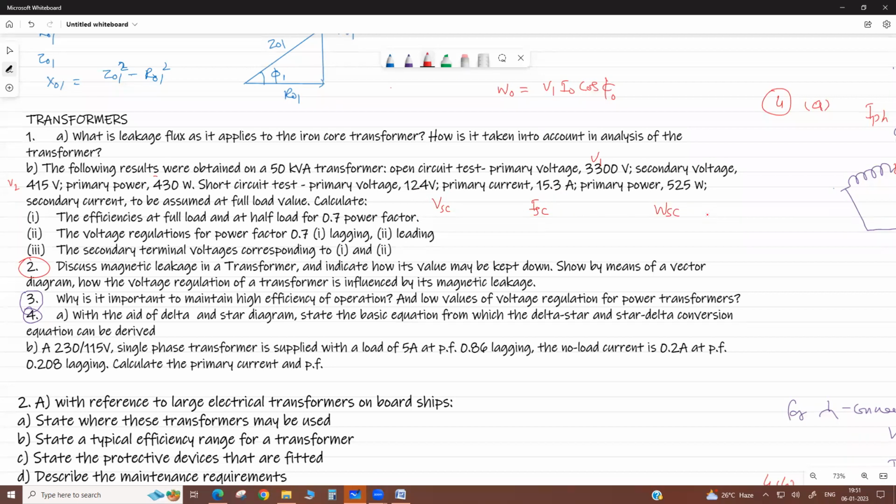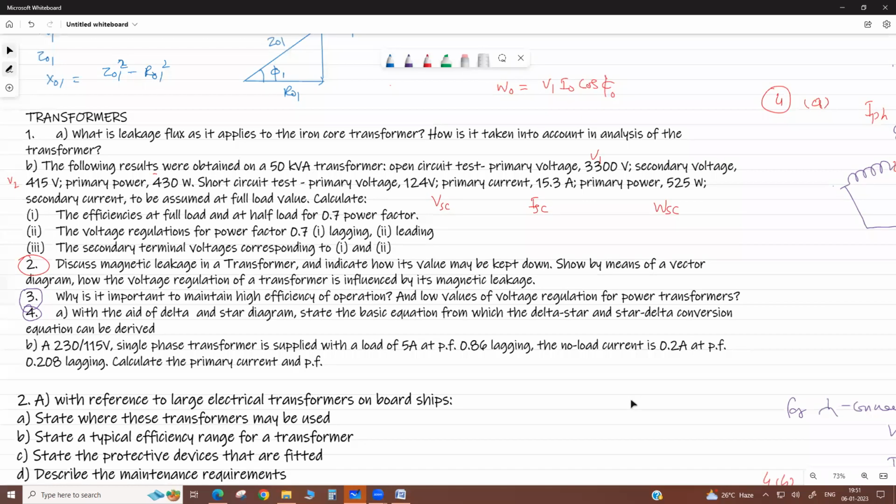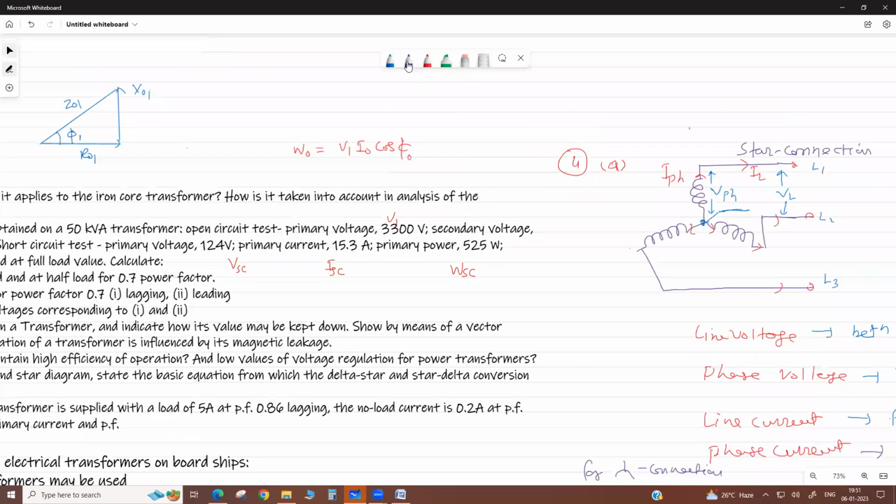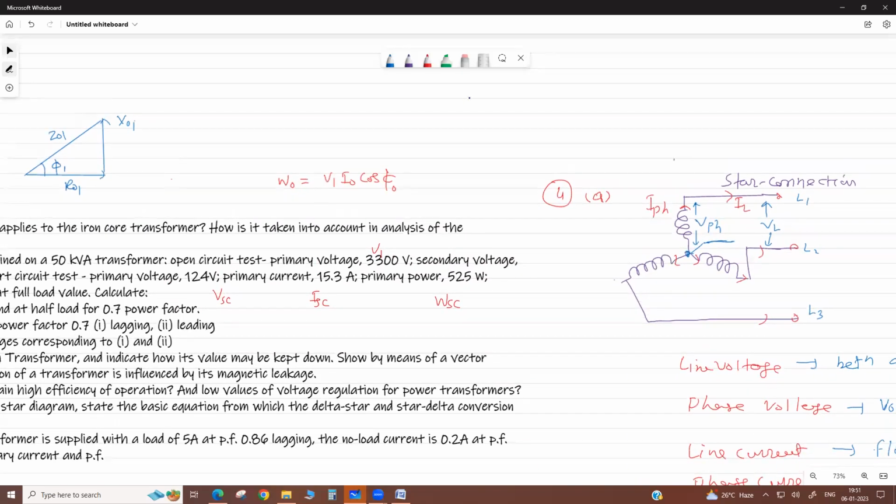So using these parameters, VSC by ISC gives you your equivalent impedance Z, because this ratio is fixed, constant.